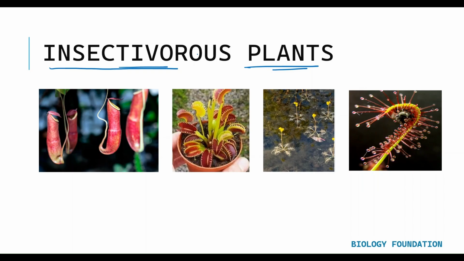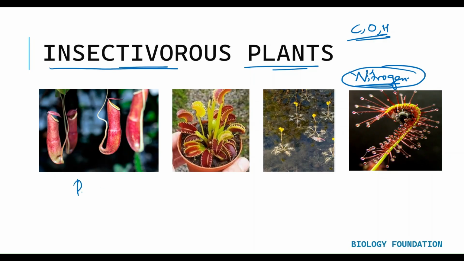They trap insects and digest them as a nitrogen source. Is it clear? They can perform their own photosynthesis, but through photosynthesis you get carbon dioxide, oxygen, and hydrogen source. But what about nitrogen? To get nitrogen, these plants trap and digest insects.